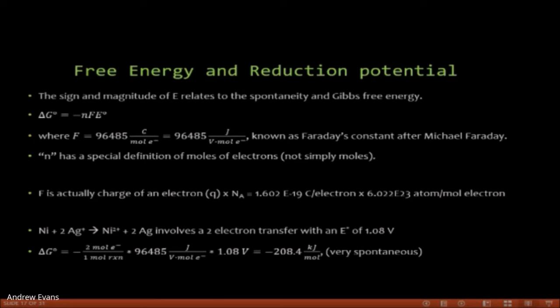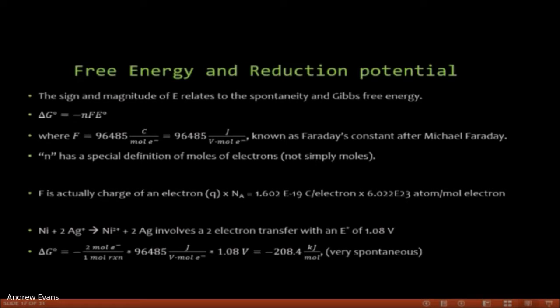And so by taking negative NFE, we will get joules per reaction. And of course, once again, watching out for your units, you should get kilojoules per reaction. Typically, when they ask you to present a delta G value, they want it in kilojoules.